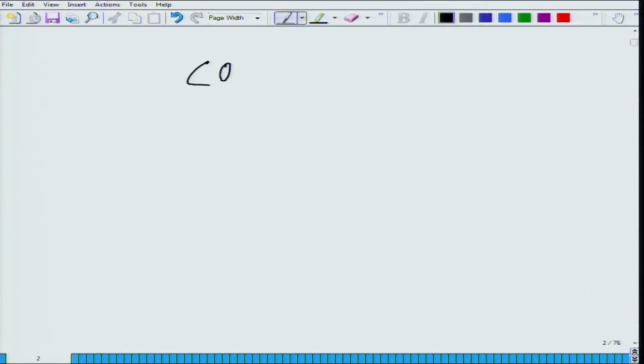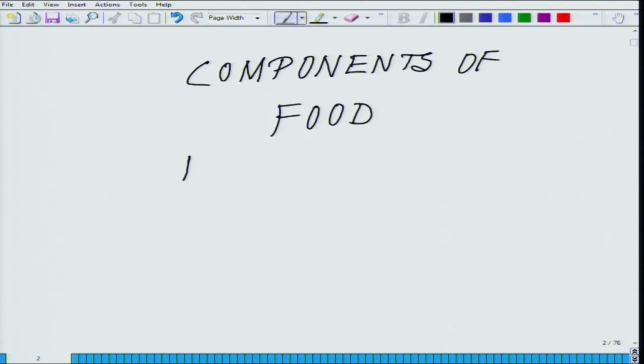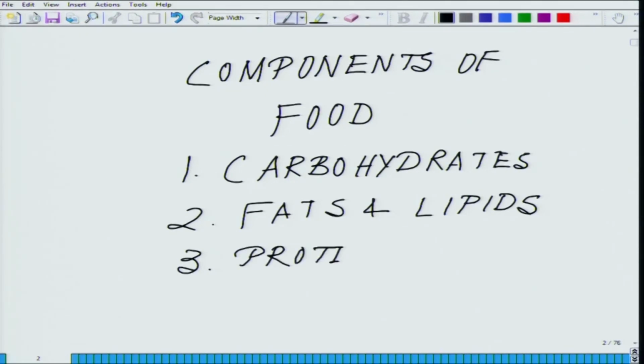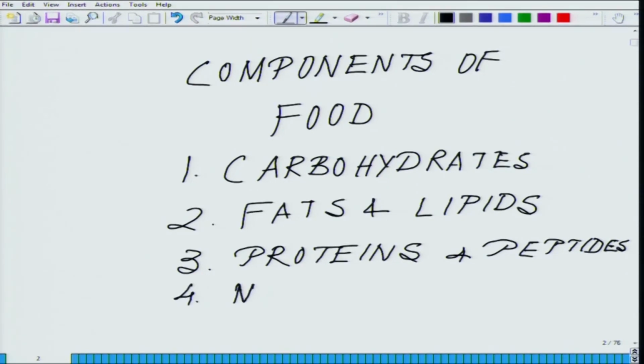So, we talked about the components of foods, which includes your carbohydrate, fats and lipids, proteins and peptides, and you have minerals, then you have vitamins.